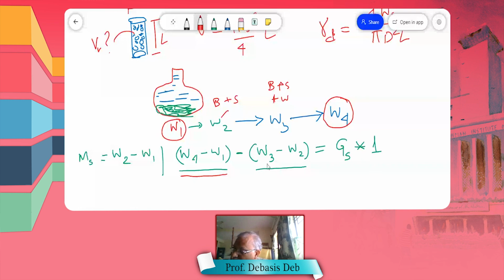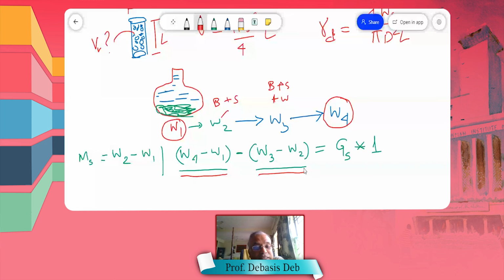So when you do W3 minus W2, this gives me the volume other than the sample, because the water cannot get in where there is sample. So it gives me the rest.